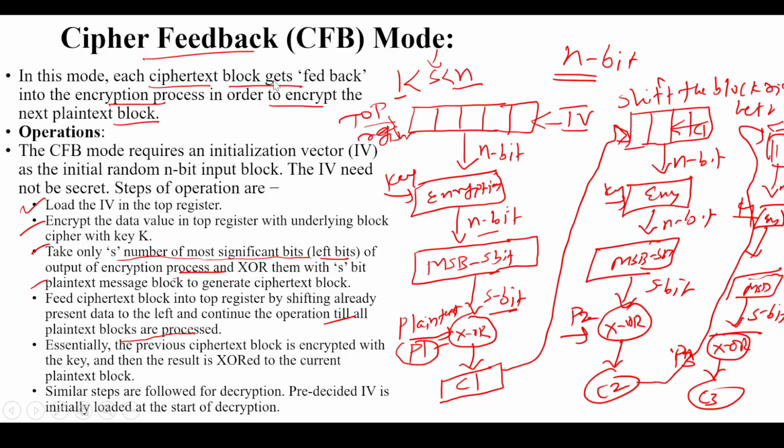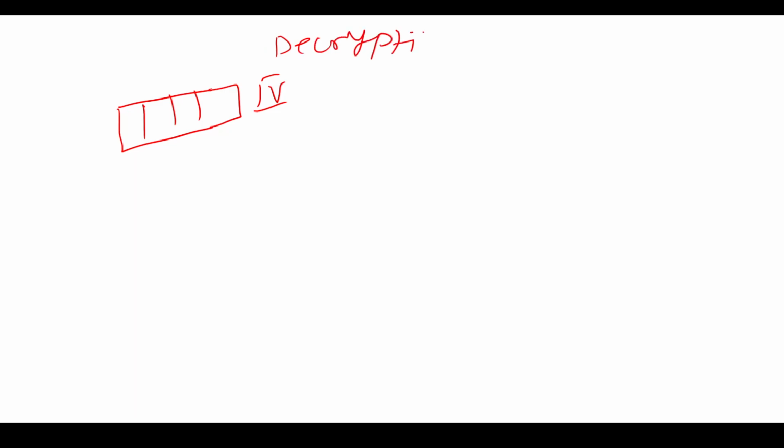Now what about the decryption process? The decryption process will be like this. Here we follow the same process. Also in the first step we have to add the initialization vector for decryption as well. The size of the initialization vector is, as we know, n bits. Now what do we apply here?